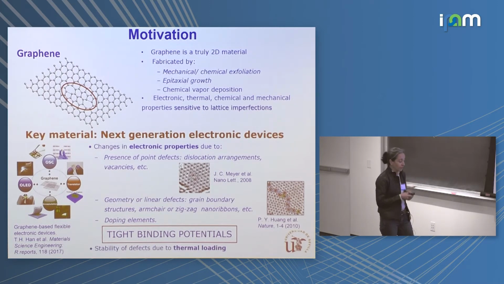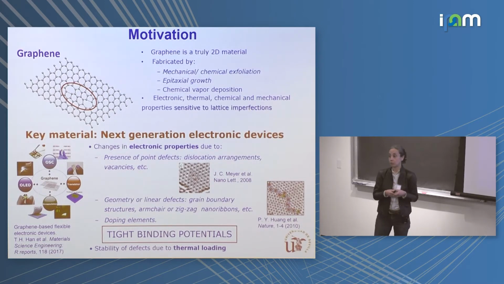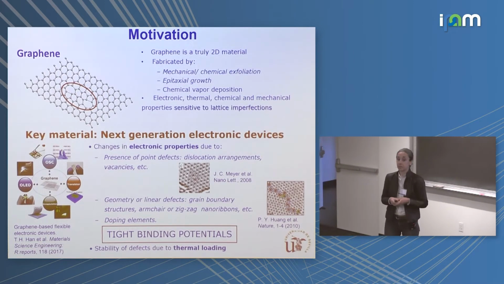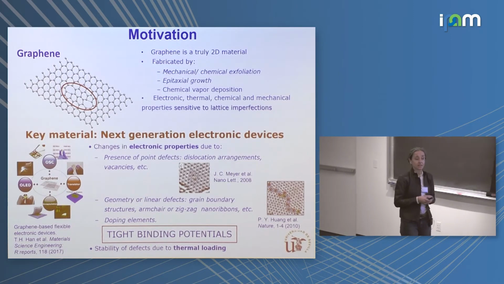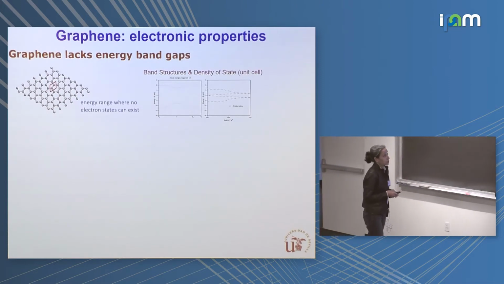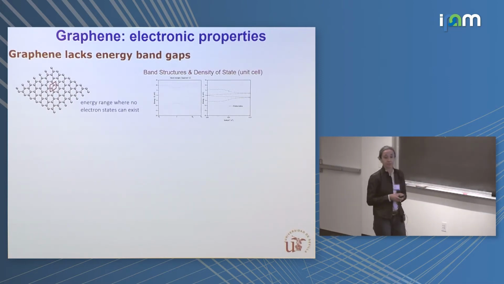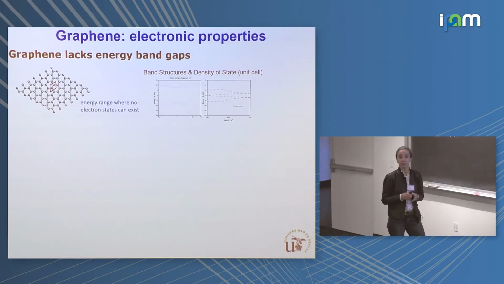Of course, since the applications are electronic devices, temperature will always be there. So you have to be careful, and once you identify defects, study their thermal stability. This is also part of the studies that we conduct in the group. Regarding electronic properties, it's well known that graphene doesn't have band gaps, I mean, the perfect lattice.